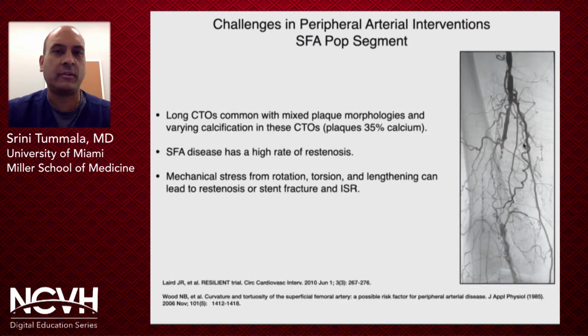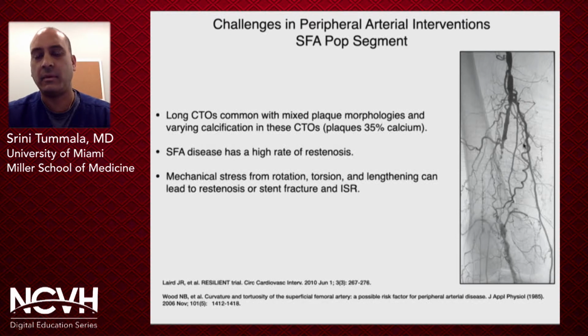But we do have challenges, especially when you're dealing with different vessel segments. When it comes to the femoral popliteal segment, you're dealing with long CTOs, commonly with mixed plaque morphology, and sometimes about 35% of these are calcified. We know there's a high rate of restenosis in the SFA, and a lot of this is due to mechanical stress from rotation, torsion, as well as lengthening, which can lead to restenosis or even stent fracture and ISR.